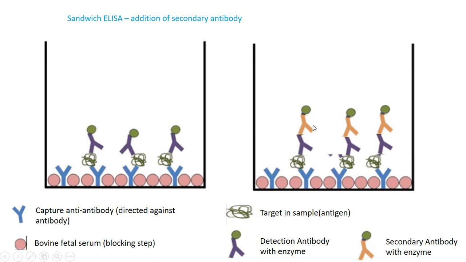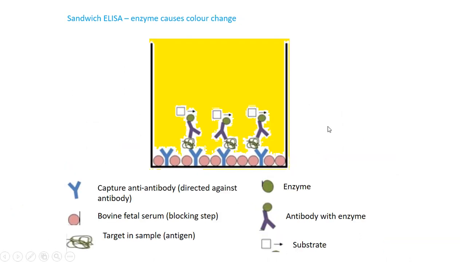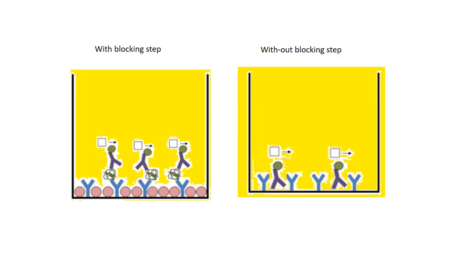Whereas in this assay, you have a detection antibody without an enzyme, and then you have the secondary antibody with the enzyme that will subsequently facilitate the color reaction. So in some ways this is a direct sandwich ELISA and this is an indirect. And of course you add your substrate and you get your color change.